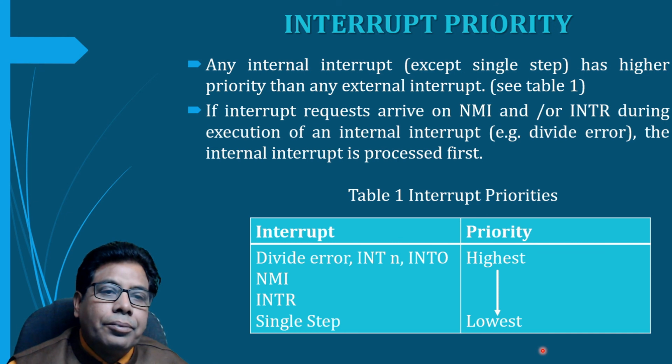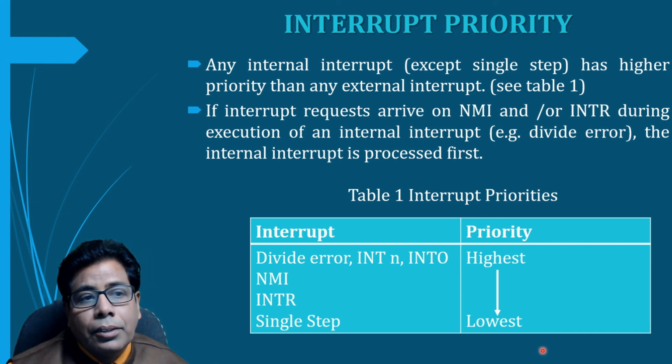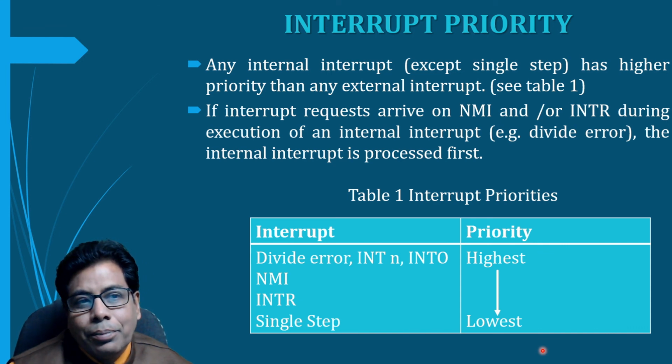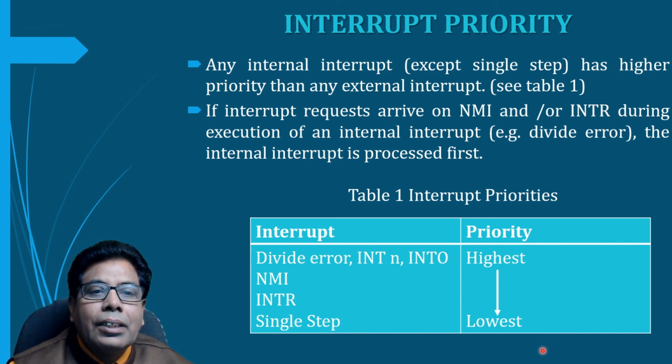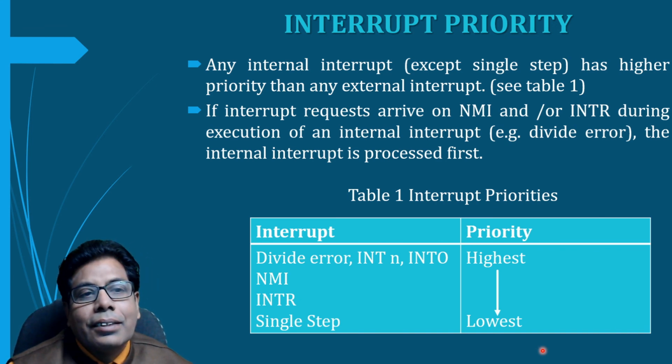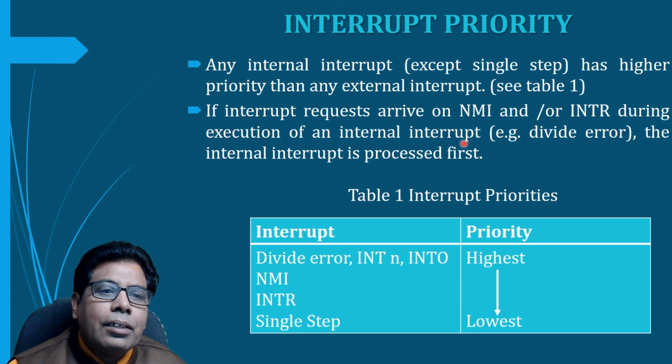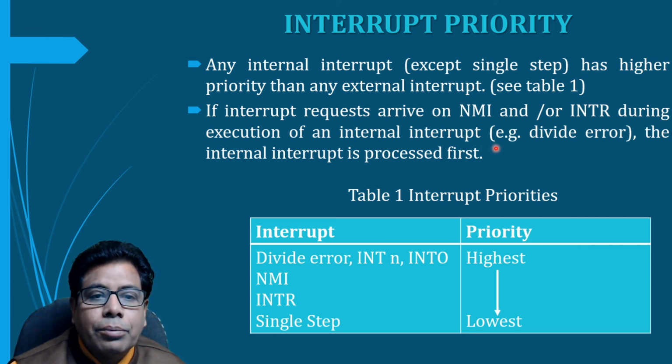The interrupt priority. Now, the internal interrupts. There are three interrupts we have seen. Except single step, the other two have higher priority than any external interrupt. If interrupt requests arriving on NMI or INTR are received during an internal interrupt, such as divide by error, then the divide error takes precedence because it has higher priority.